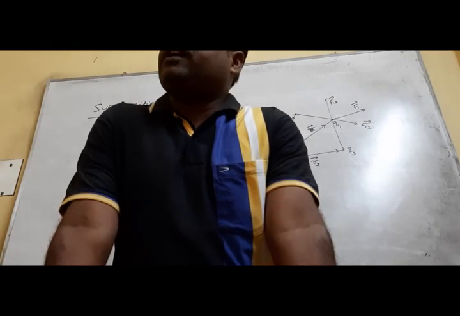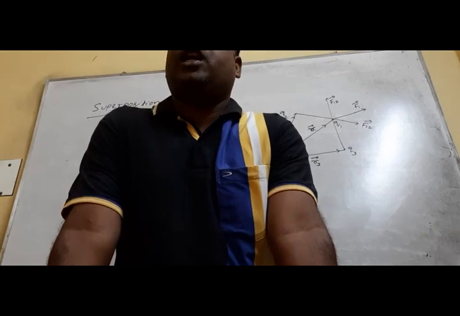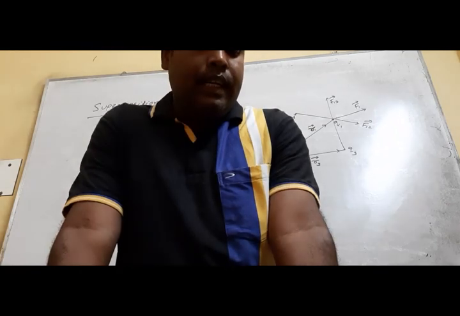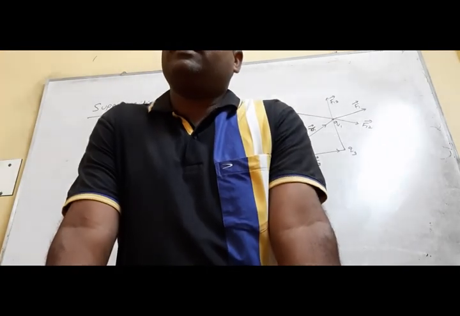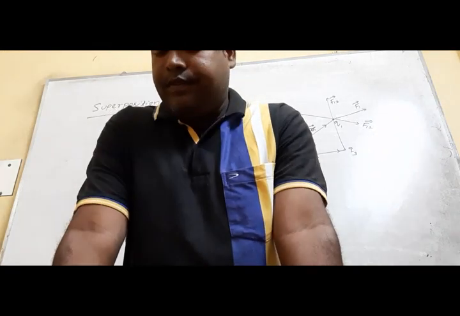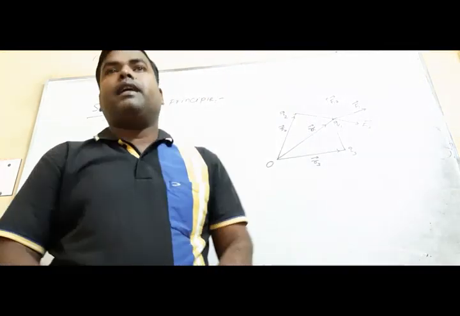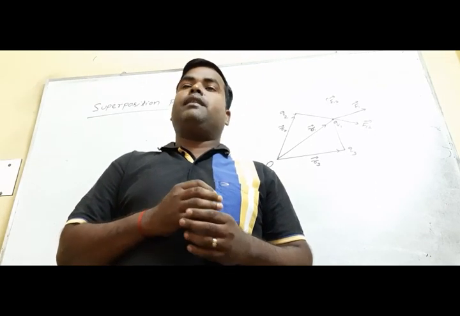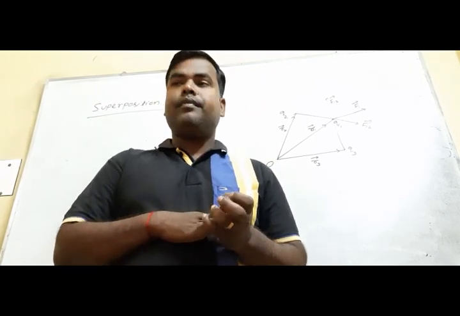Here we will study superposition of electric force. It means the vector addition of electric forces. What do you mean by it? You know, if there are two charges, then there will be electric force between them.